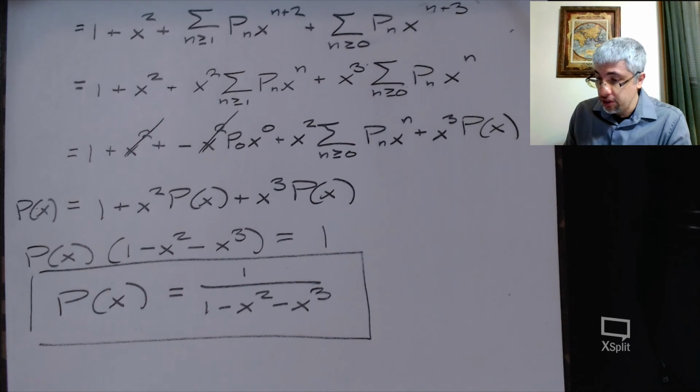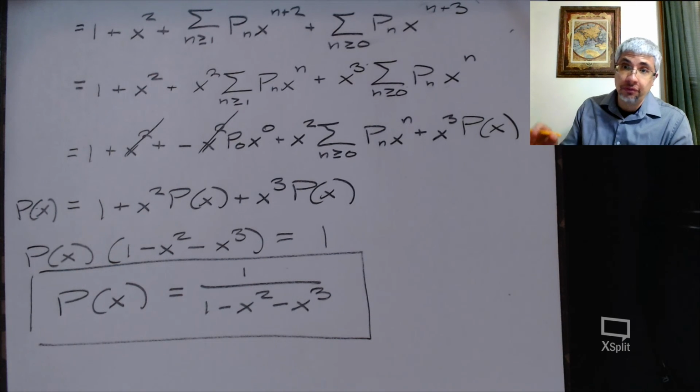Some people like to start the Padovan sequence at different places. In this situation, I started it at 1, 0, 1, 1, and so on, because I was counting it directly from rhythms. But it also appears out of spirals and all sorts of different things.